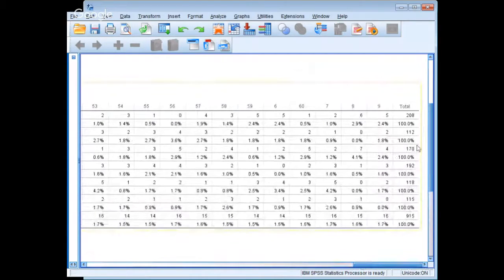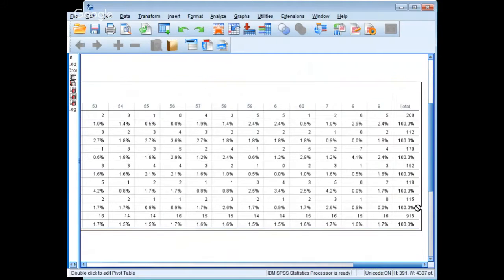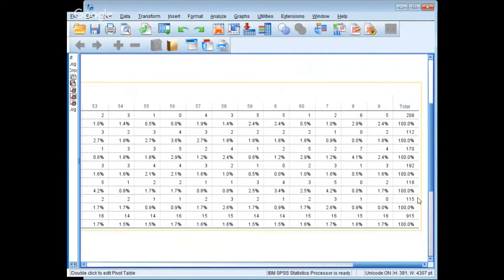Okay. All right. Yeah. So there's the totals. And then I guess this is the overall total, I would think. Yes, and there's 915 overall. That's how many M&Ms we counted. Okay. And those are broken up by how many per color.